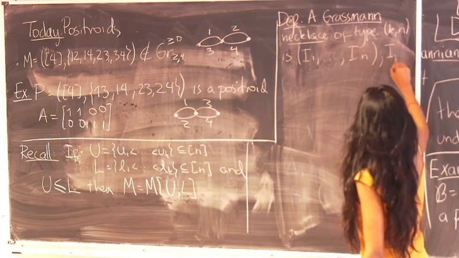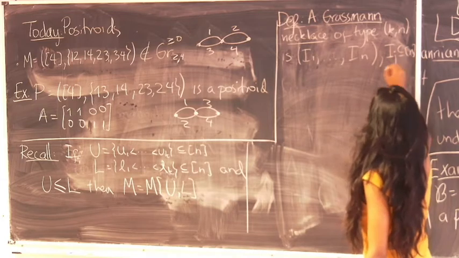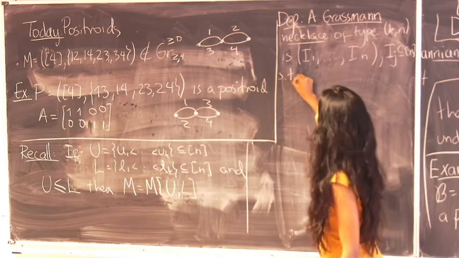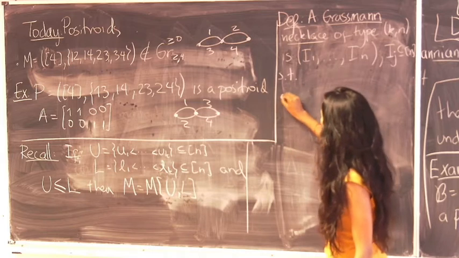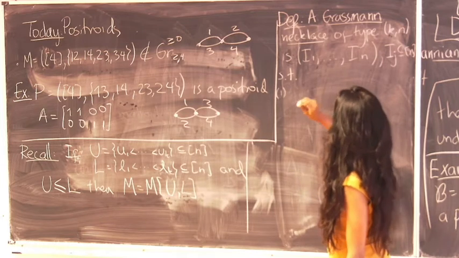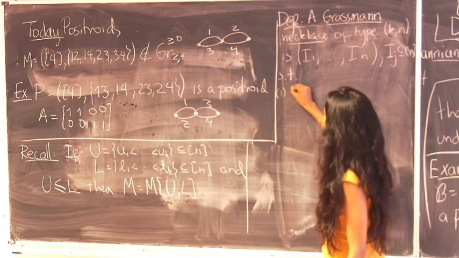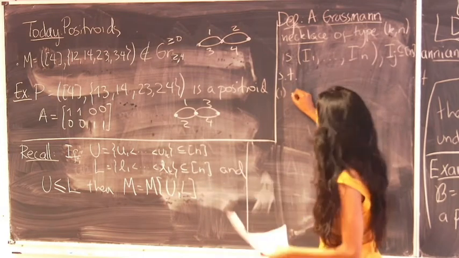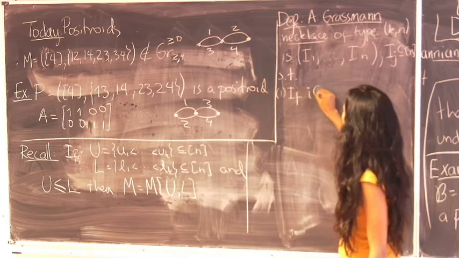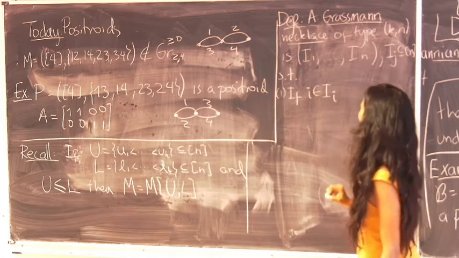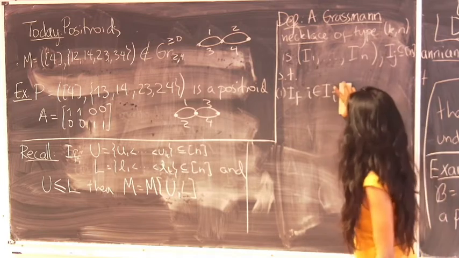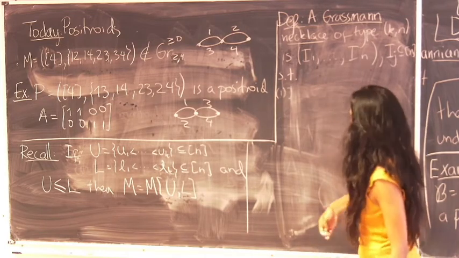So I sub j is a subset of n, and for such a tuple to be called a Grassmann necklace, it has to be the case that the following happens. So let me write it, and then you will see that actually it's easier than it appears. If i happens to be in I sub i, then I'll write it like this so that it fits on my whiteboard.